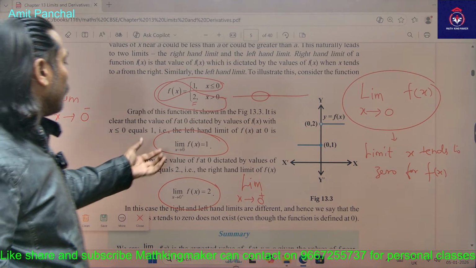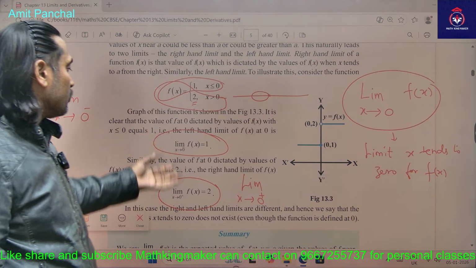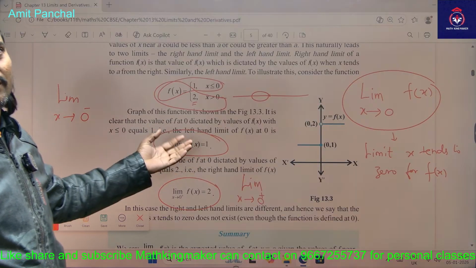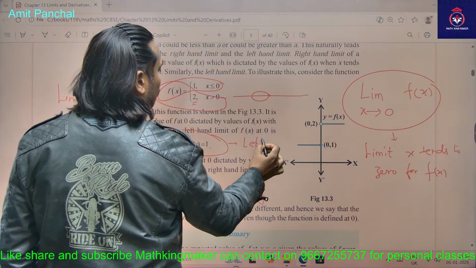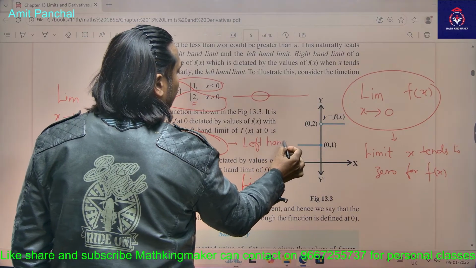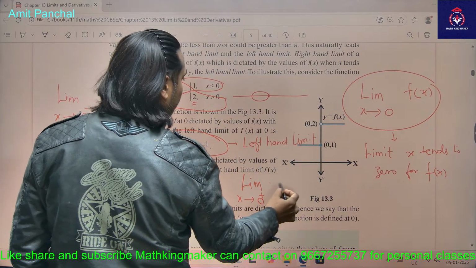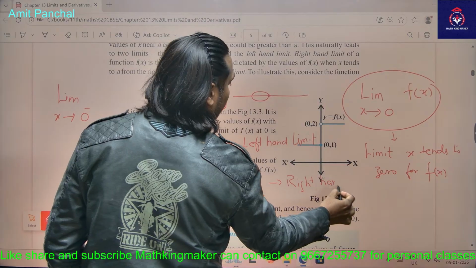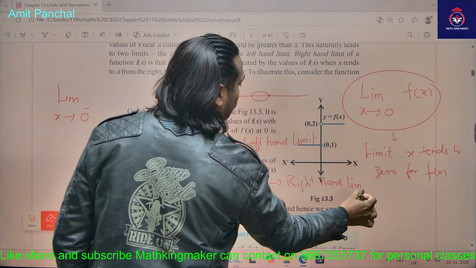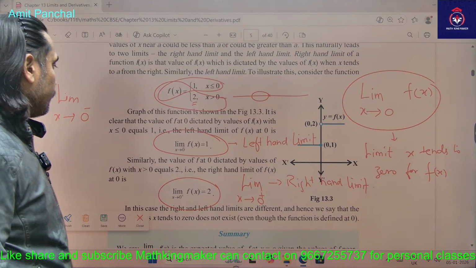This is what the negative and positive signs indicate. The negative is called the left hand limit, and this is called the right hand limit. Got my point?